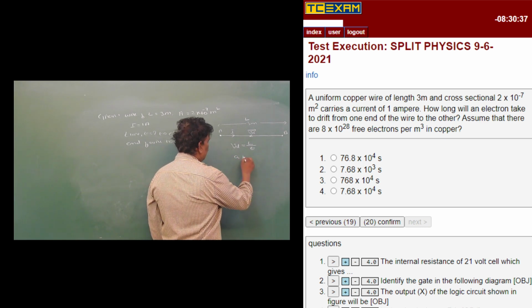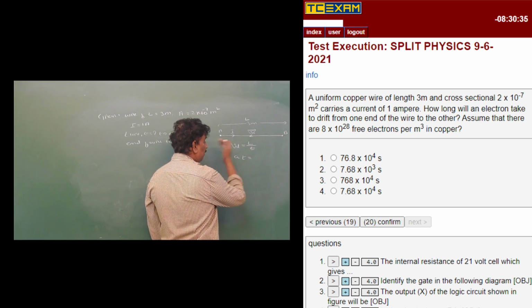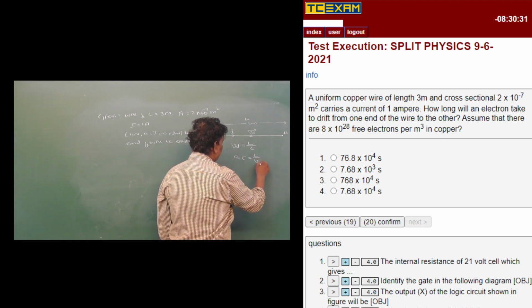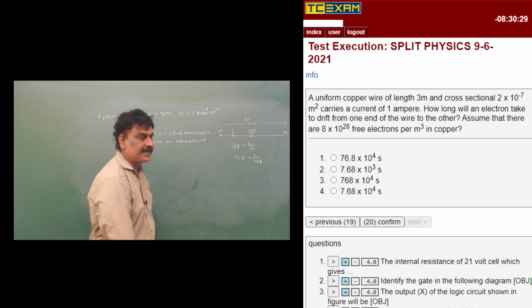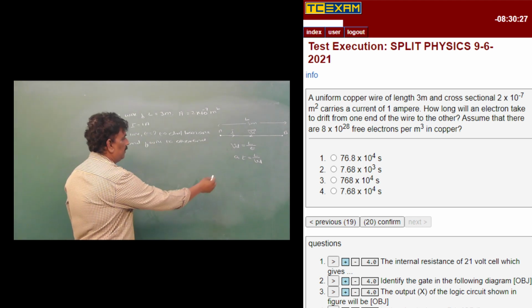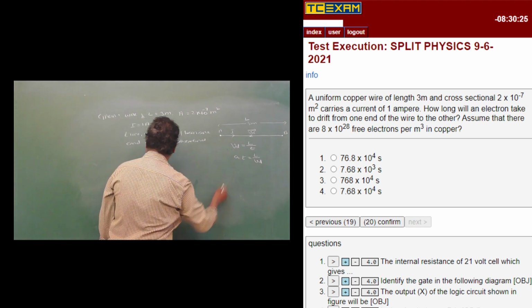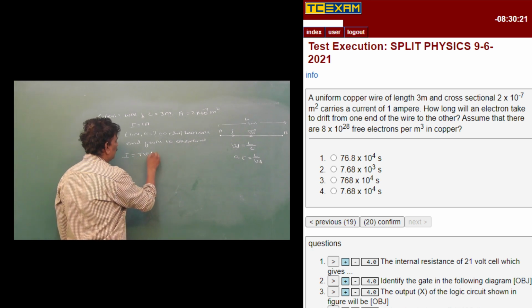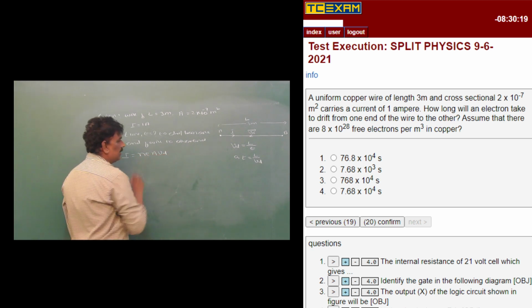The time taken by the free electron to drift from B to A is L by Vd. Now let us find Vd. We have current flowing through the conductor, I is equal to N E A Vd.